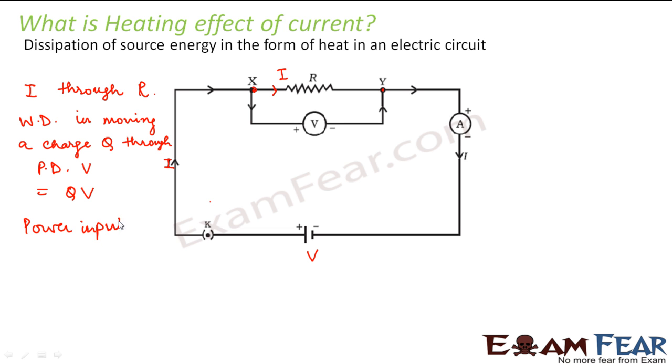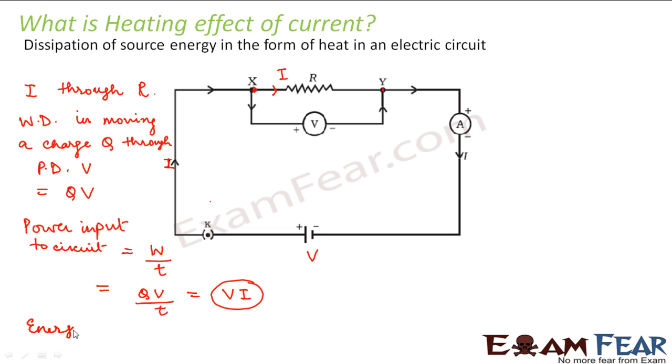How much power is provided to the circuit? Power is always equal to work done per unit time, right? So work done is Q into V divided by time. Now charge per unit time is current, so this is equal to VI. Therefore, this much is the power supplied to the circuit.